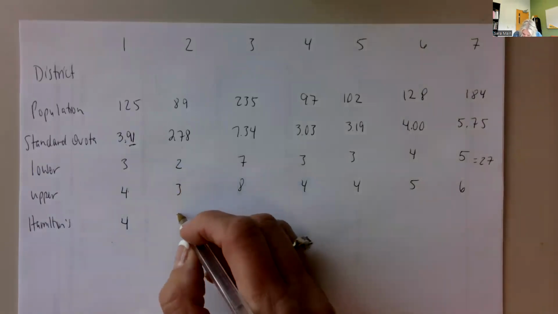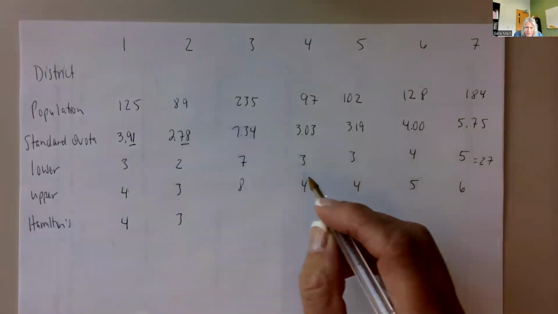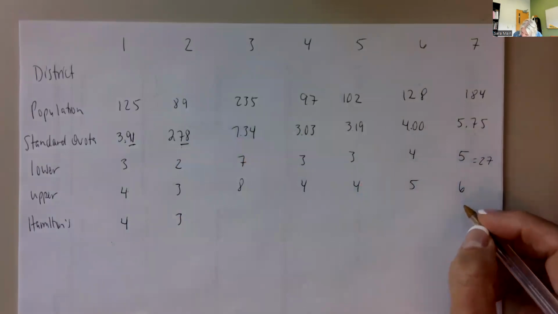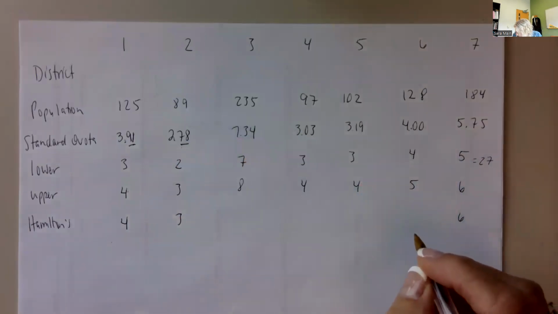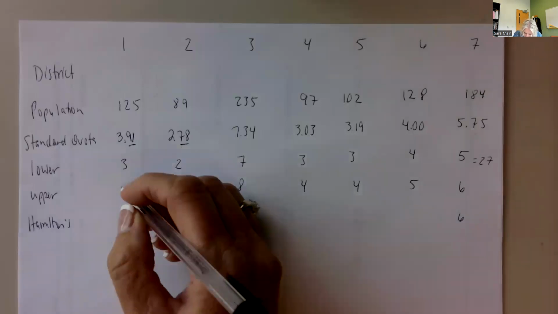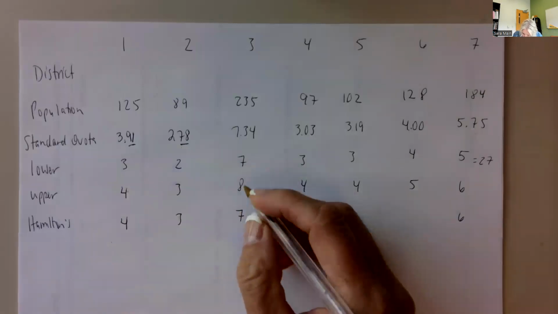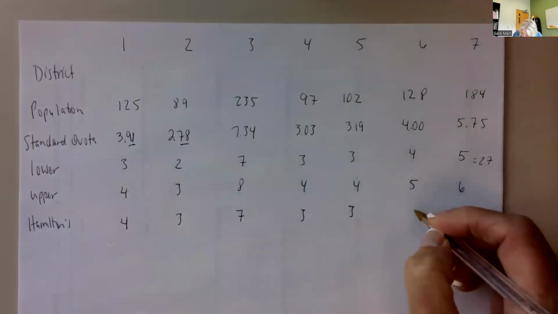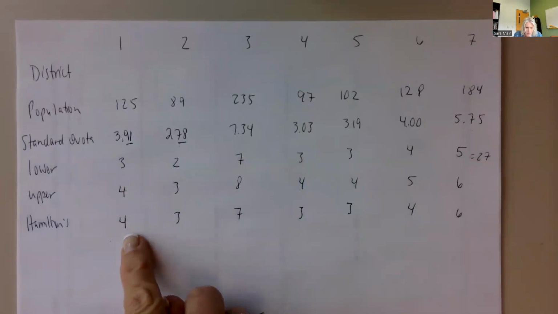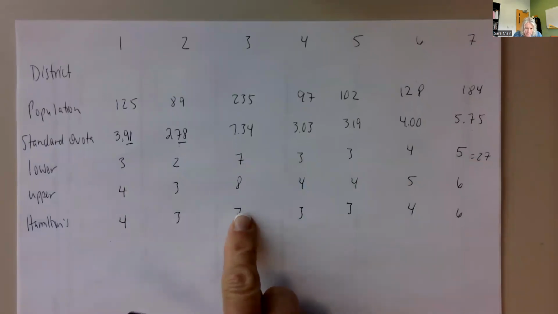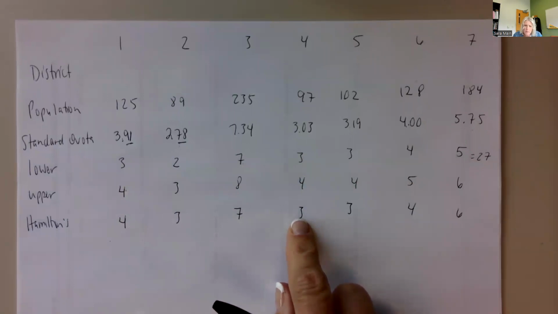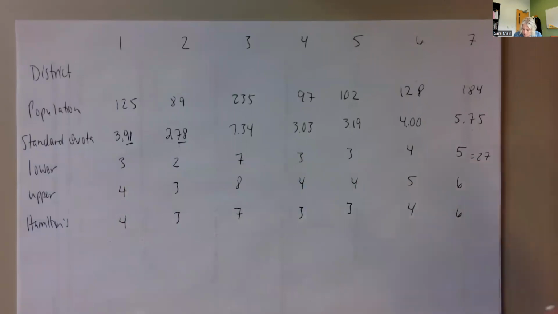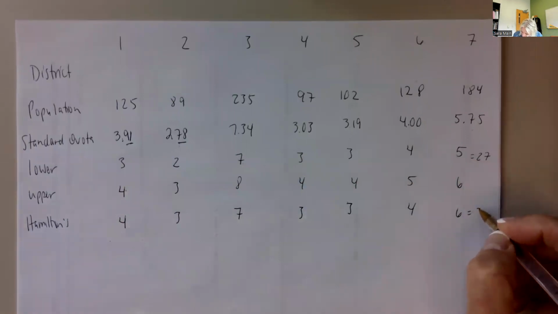They're going to get their upper right here. And then the next one is the 5.75 for District 7. They're going to get their upper, which is 6. That means everybody else is going to get their lower: District 3, District 4, District 5, and District 6. If we add them up, we have 4 plus 3 is 7, plus 7 is 14, plus 3 is 17, plus 3 is 20, plus 4 is 24, plus 6 is 30. So it equals 30.